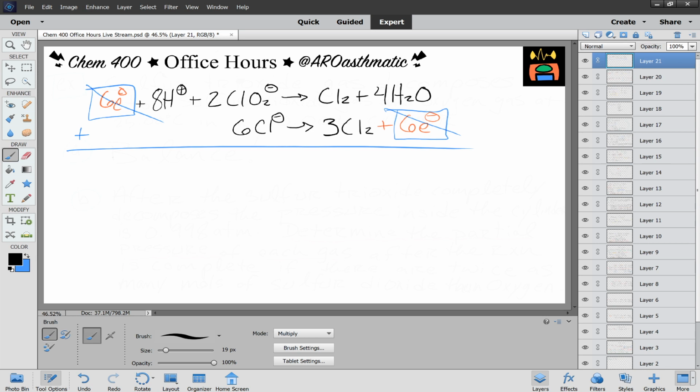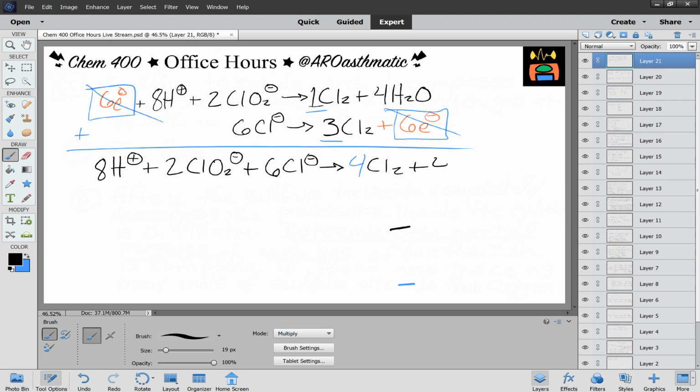And the final balanced redox reaction will have 8 hydronium ions plus 2 chlorite ions plus 6 chloride ions plus, here you'll notice we have 1 chlorine plus 3 chlorines, so that adds to 4 chlorine molecules plus 4 water molecules.